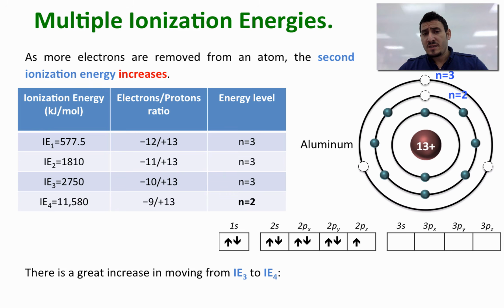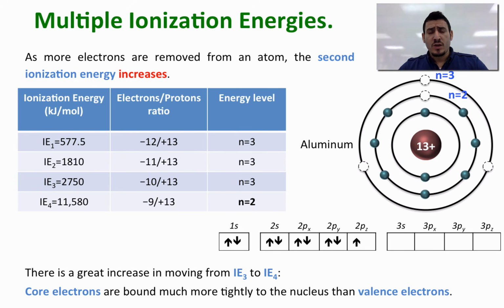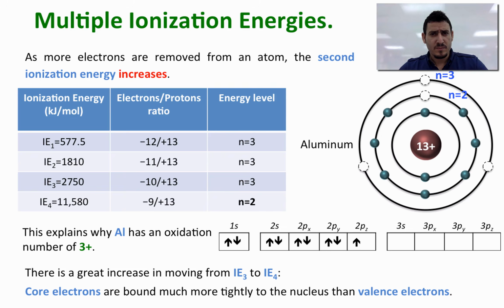So there is a great increase in moving from the third ionization energy to the fourth, and this is mainly due to removing core electrons, which are bound much more tightly to the nucleus than the valence electrons. This explains why aluminum has an oxidation number of +3.